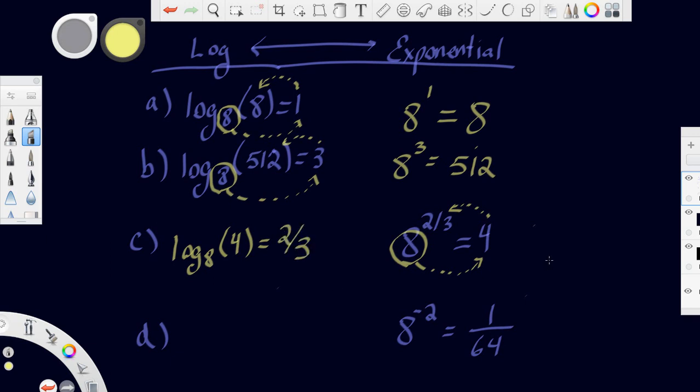All right, now on the side here, I'm just going to write this little note. 8 to the 2/3, what that's doing is taking the cube root of 8 squared, and that equals 4. All right, now 8 to the -2 equals 1/64, so that's going to be log base 8 of 1/64 equals -2.